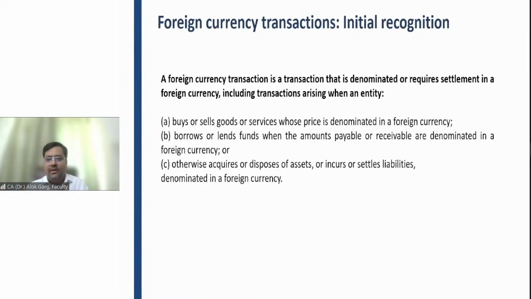For example, the rate of US dollar is 80 rupees. The invoice is 1 lakh US dollar.